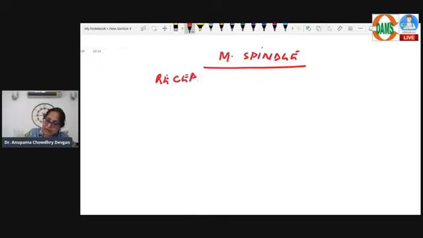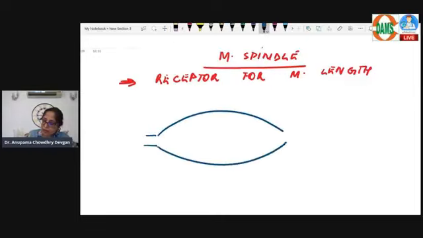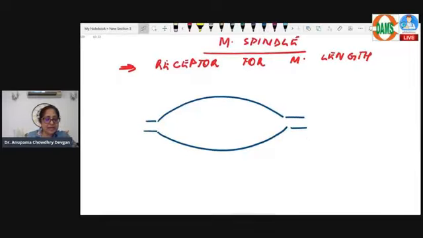What is the muscle spindle? Muscle spindle is a receptor for muscle length. So let's have a look at the organization of the muscle spindle. Now, if you look at a muscle, if this is a tendon, this is the belly of the muscle, and this is another tendon. This is what a muscle looks like, right?